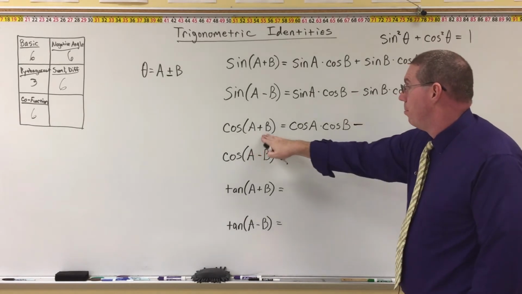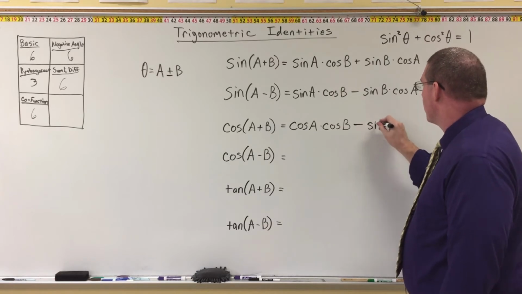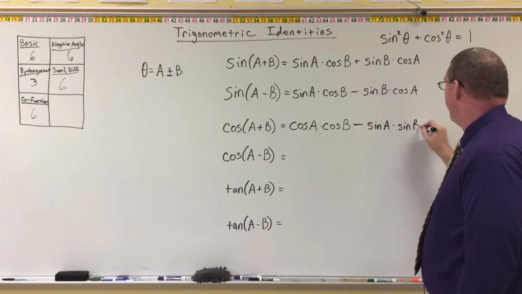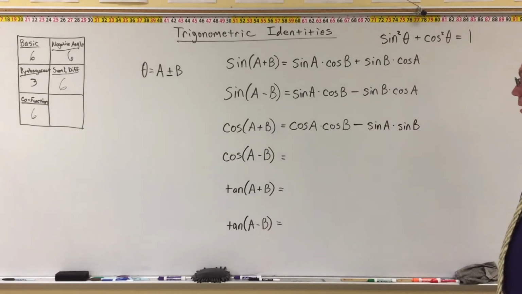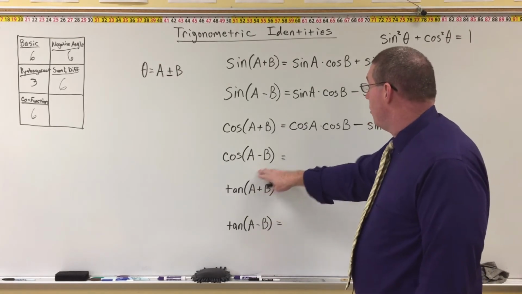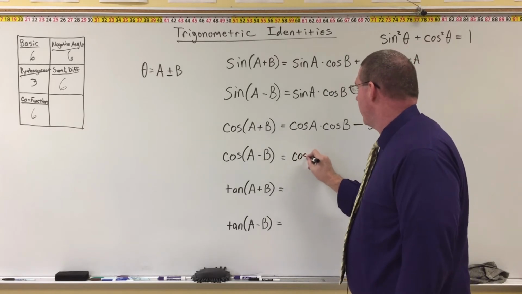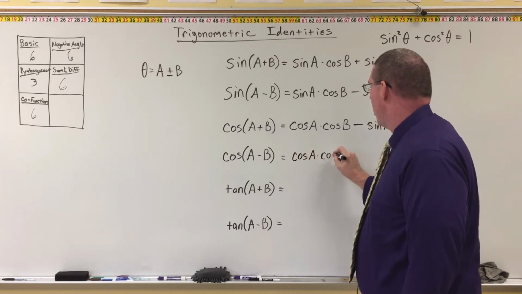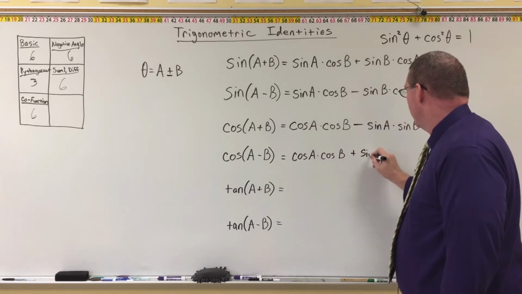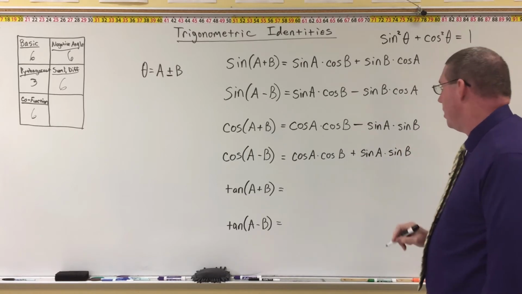Okay, so cosine of A plus B is cosine of A times cosine of B minus sine of A times sine of B. Okay? And then cosine of A minus B is this exact same thing, only plus instead of minus. It's cosine of A times cosine of B plus sine of A times sine of B, okay?